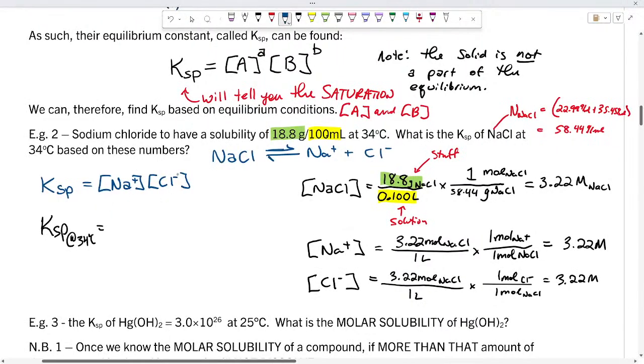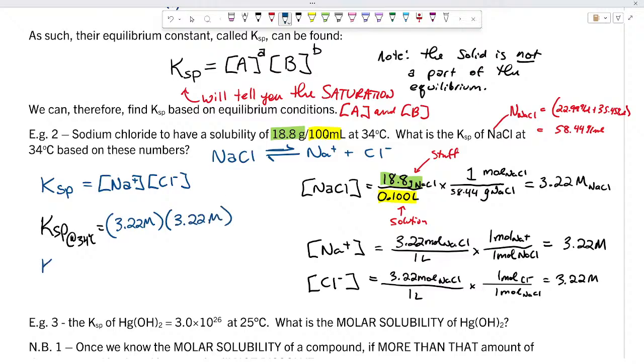And now to actually work out the Ksp value, well, Ksp is just the concentration of sodium times the concentration of chlorine, which means Ksp is just 3.22 molar times 3.22 molar. And I don't know how your 3.22 times table is. Mine is not the best, so I'd probably use a calculator for that.